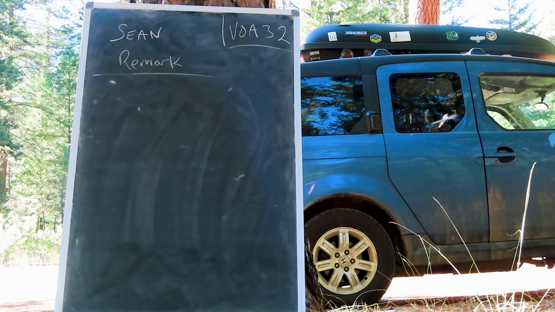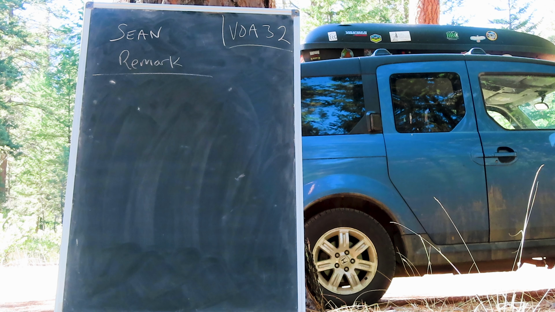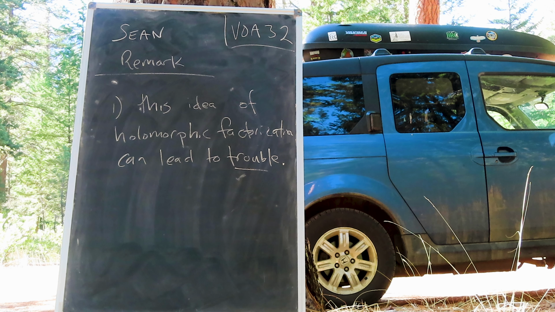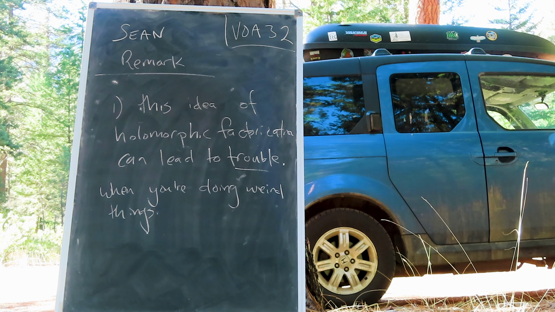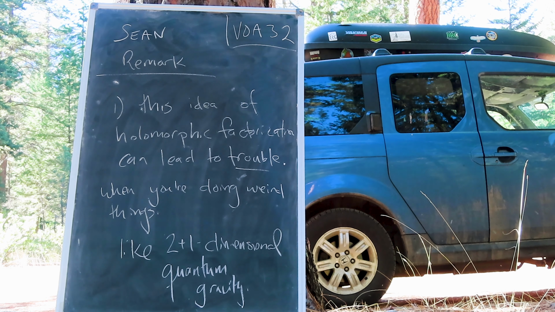I've got my own remarks on this remark to make. First, this assumption can lead to quite a bit of trouble when you consider unusual applications of two-dimensional conformal field theory. Like, for example, the study of 2+1 dimensional quantum gravity.